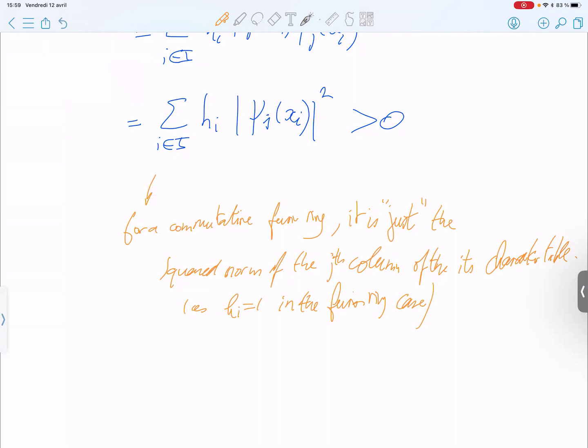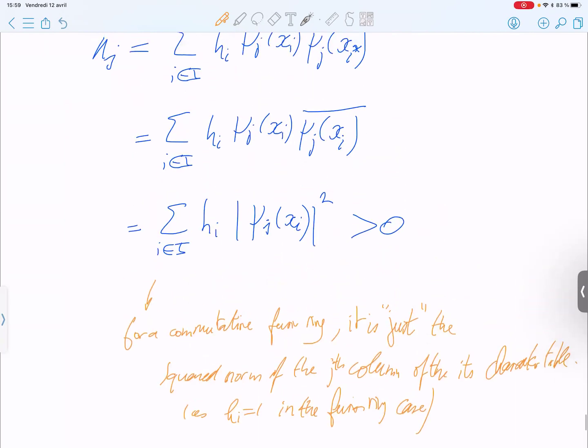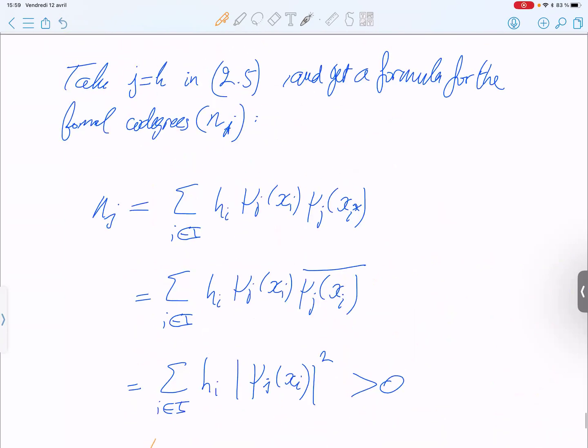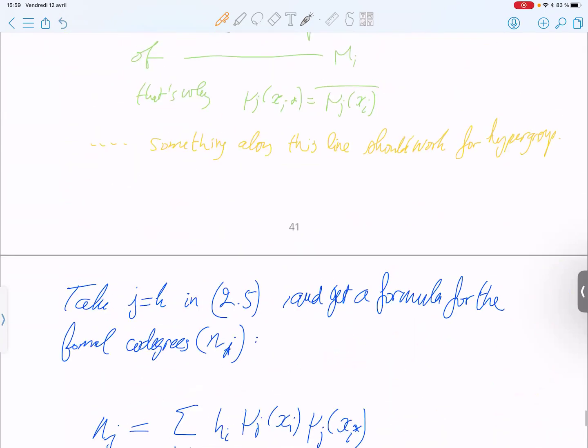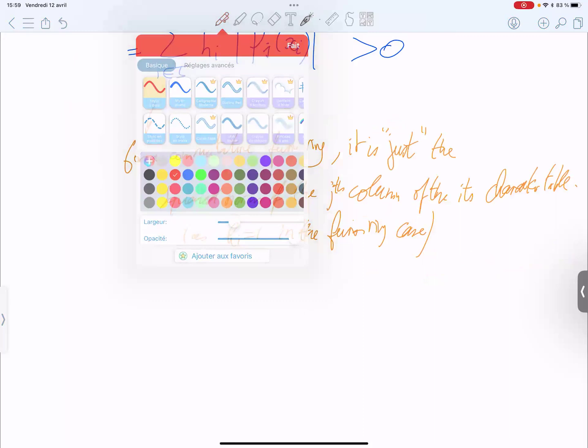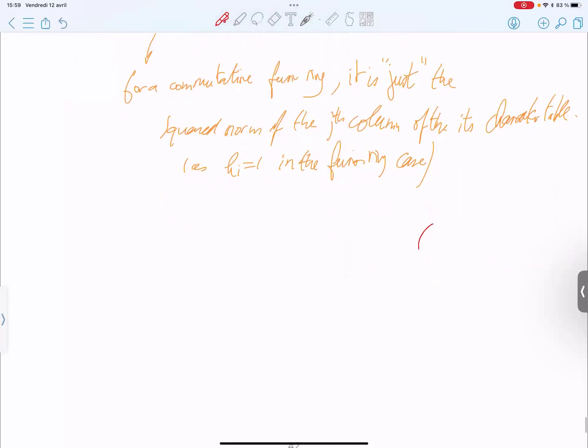Okay. So now, second magic trick to get the second orthogonality relation. So magic trick number 2 will be here.